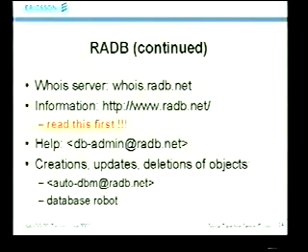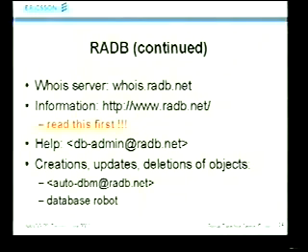The ones that belong to the RADB database you can change, the other ones are simply copies. The Whois server is whois.radb.net. Information is at www.worldwidewonder.radb.net. I would encourage you to read the information first and then contact the help desk if you still have questions.